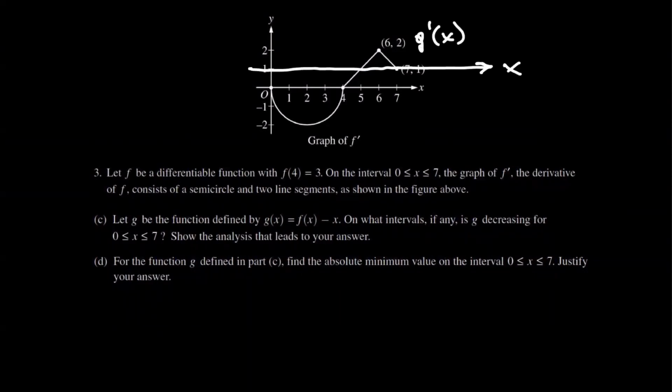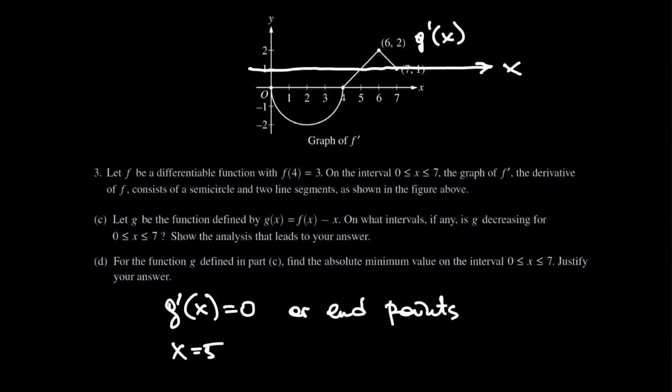And so a maximum or a minimum can occur when g prime of x is equal to 0, or at the endpoints. So g prime of x is equal to 0 at x equals 5, at this point here. And the endpoints are at 0 right here and at 7.